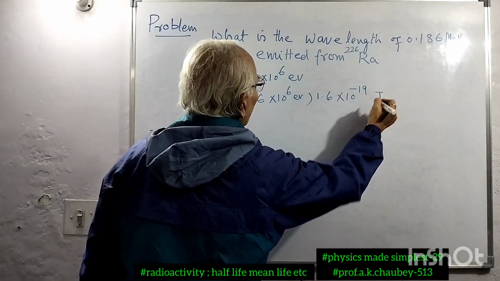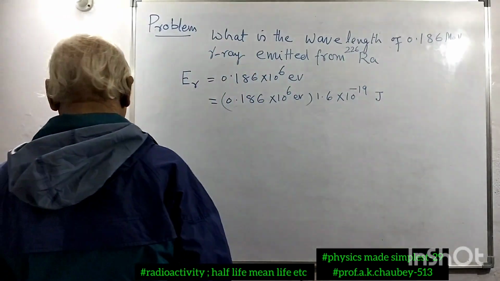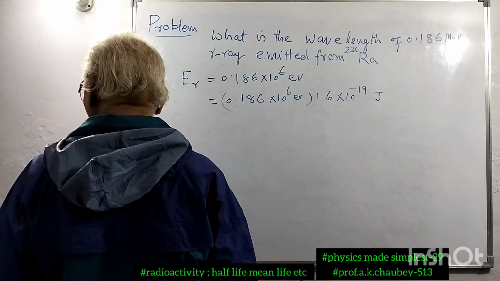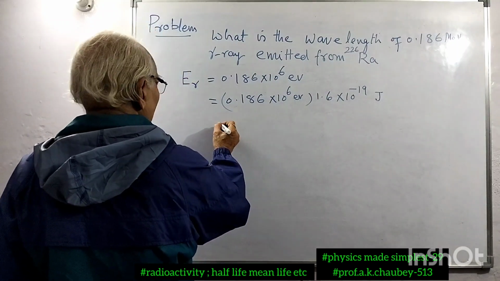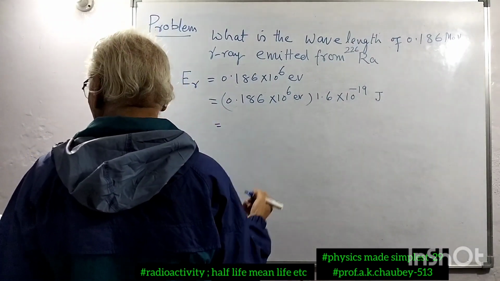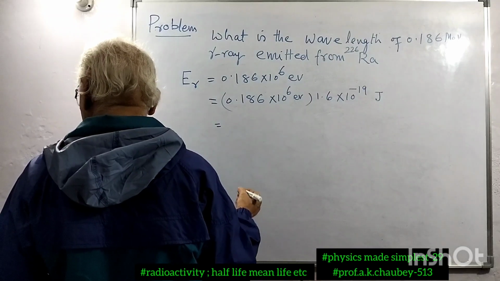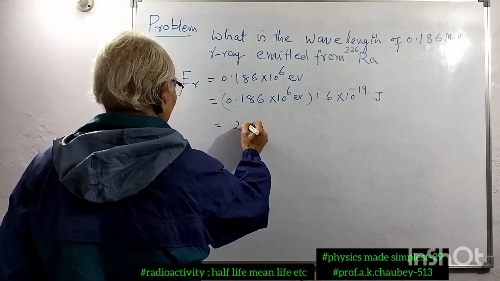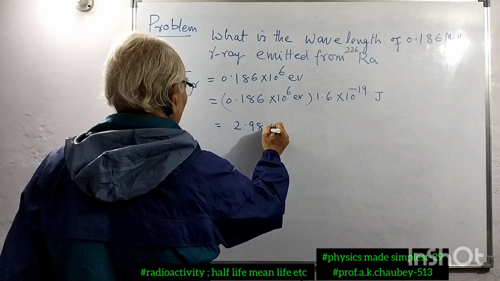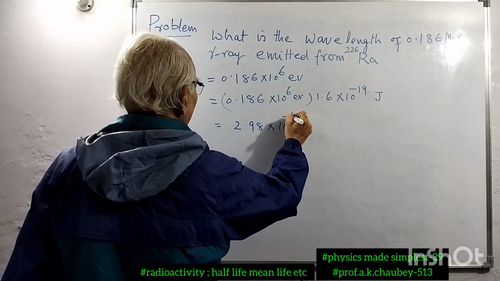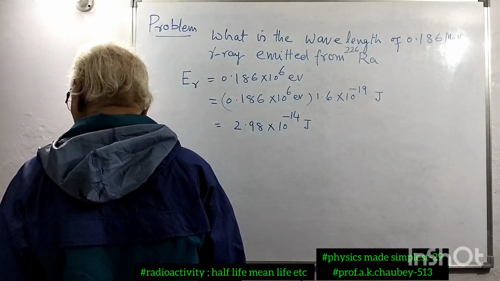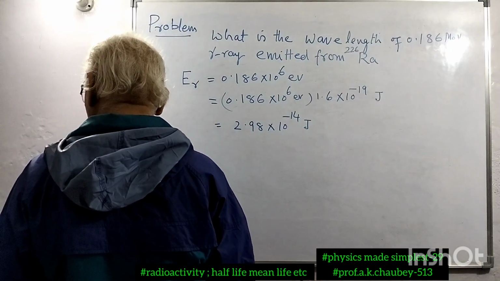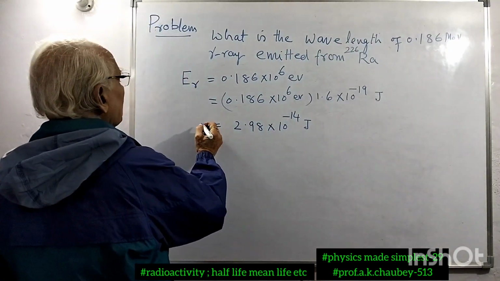This will be now in joules. When you multiply this, you will get 2.98 into 10 to the power minus 14 joules. So this will be the energy of the gamma ray, E gamma.